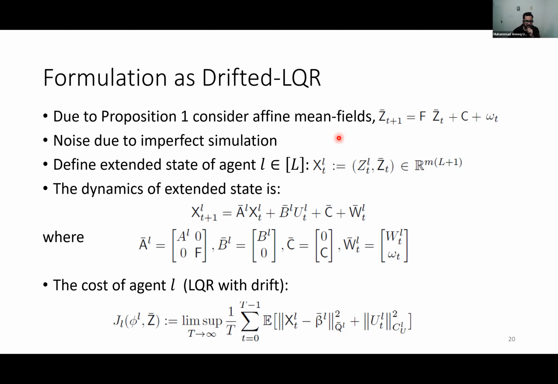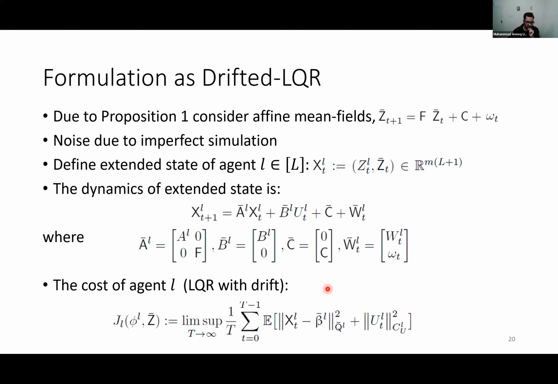So under this affine mean field, we can define an extended state of each agent L, where we just concatenate the state of the agent with the mean field. Under this concatenation, we have an extended state, which has linear drifted dynamics. So the dynamics are linear, but there is a drift term and also noise.